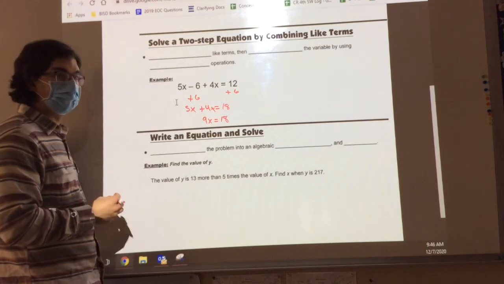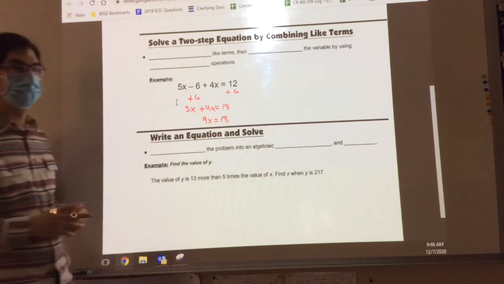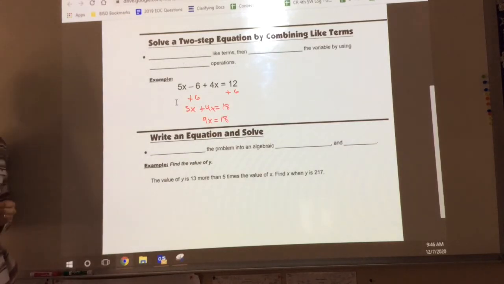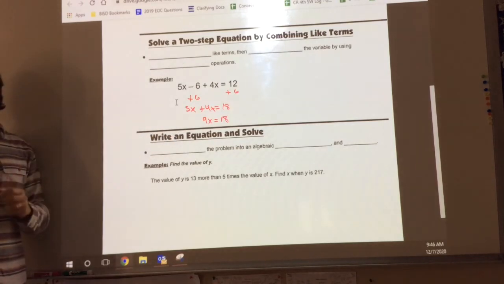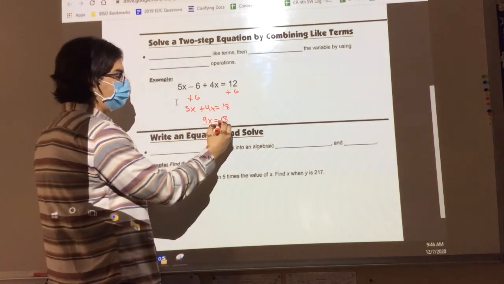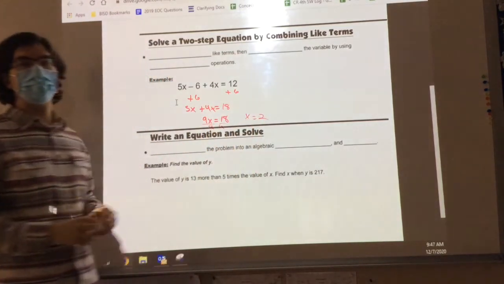You do know. 9x equals 18. Isaac, what do you think? But what do I need to do for this particular step, though? I don't disagree with you. Yeah, excellent. I'm going to divide both sides by 9, and x equals 2.